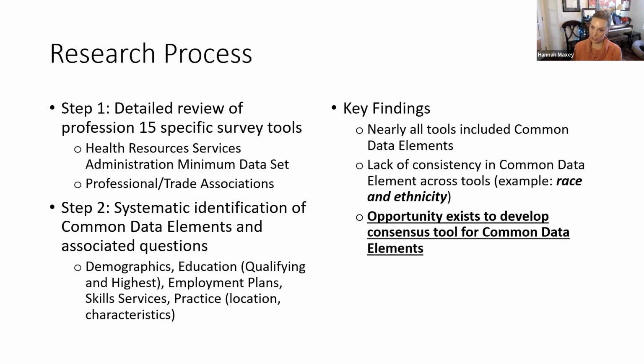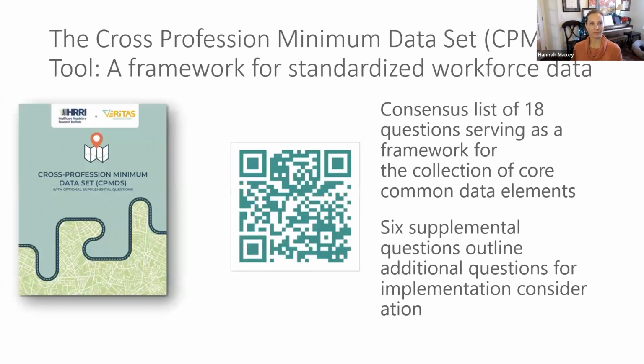Notable for the discussion today is that some of these inconsistencies were even in variables for demographics, such as race and ethnicity, data points and data elements that are absolutely required if we are going to do work in identifying our opportunities to increase representation in the workforce and set benchmarks. Ultimately, the opportunity was identified to develop a consensus tool for those core common data elements.